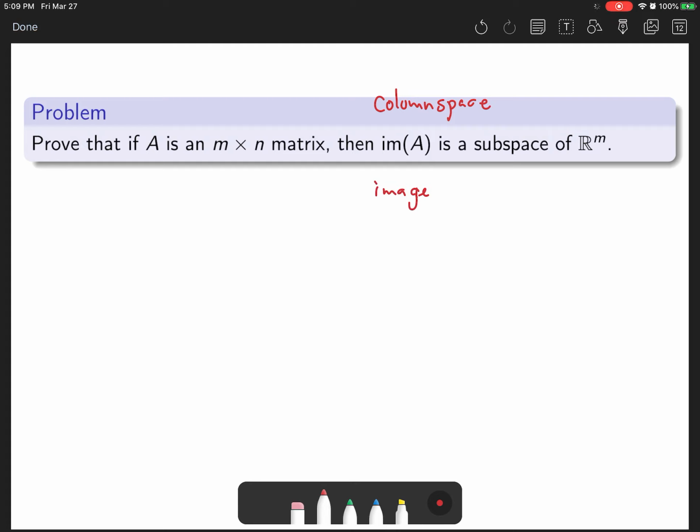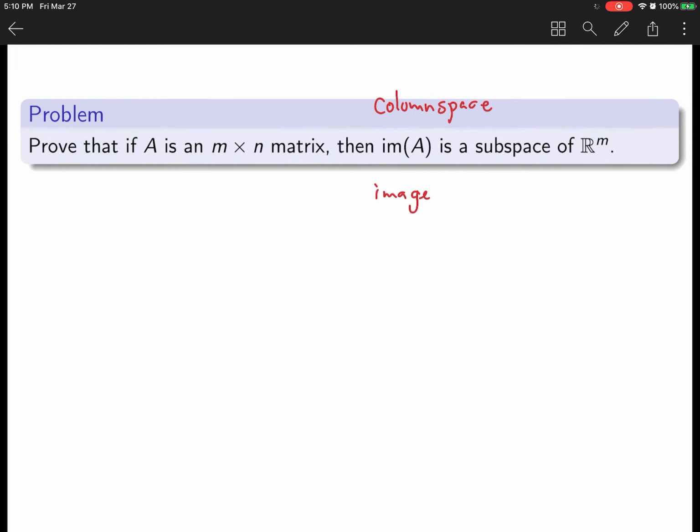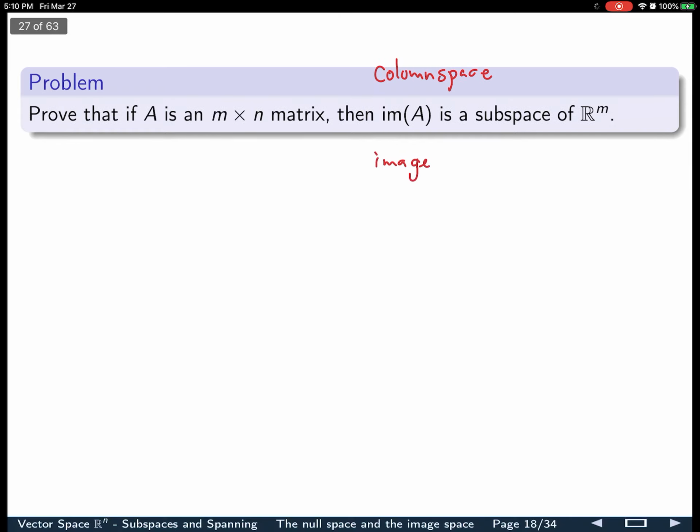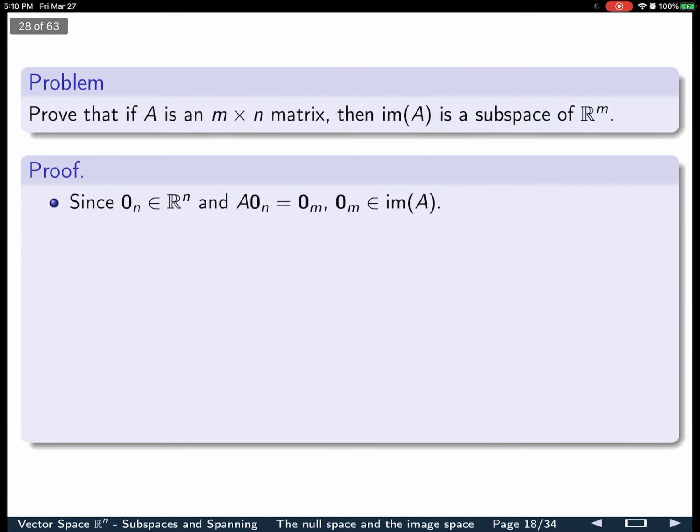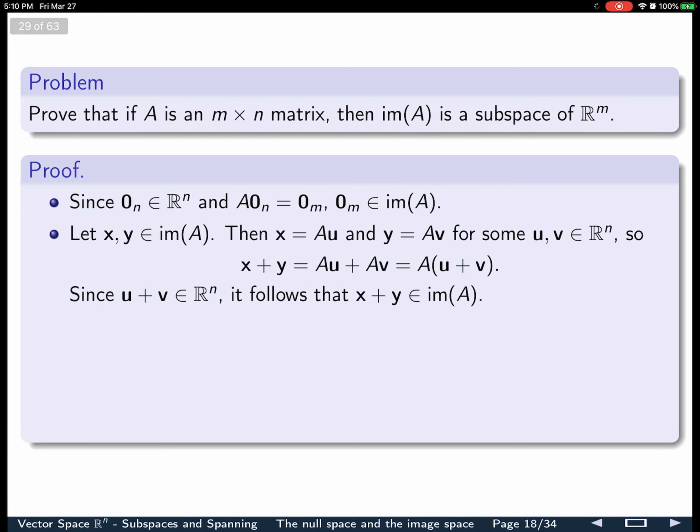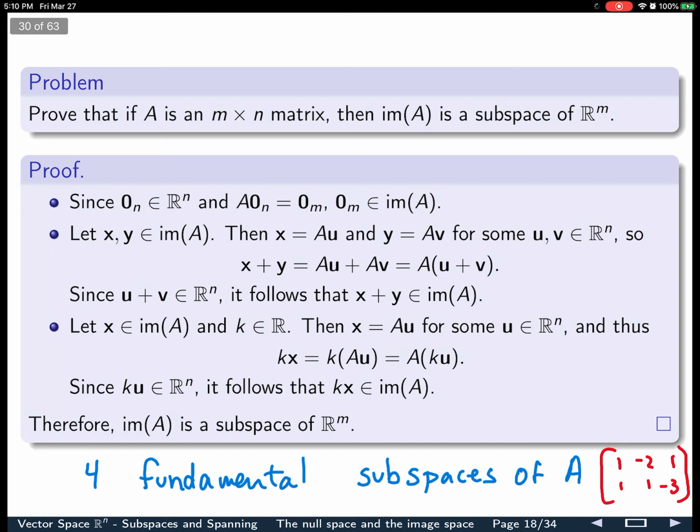That's what we're talking about when we're talking about the image. We can prove that the column space is a subspace of Rm. And indeed, we've got the zero vector here, vector addition is closed, and scalar multiplication is closed.